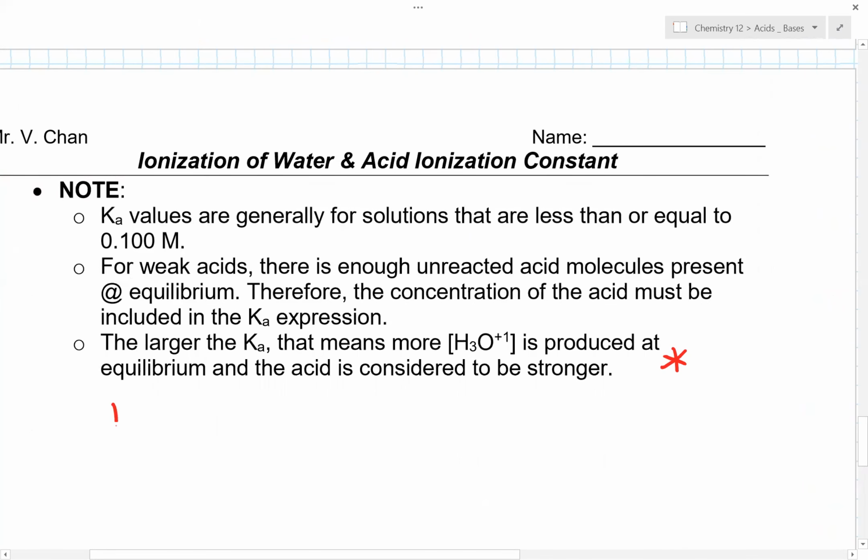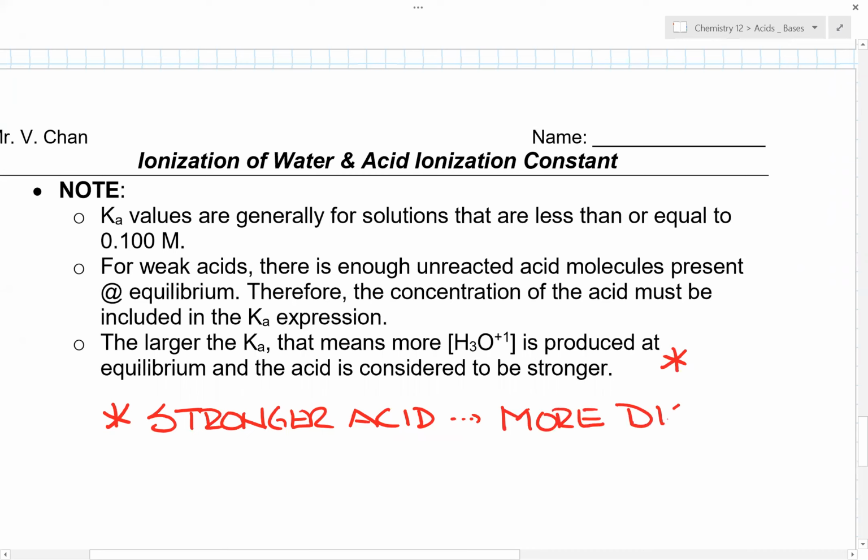Because remember, you could think of it this way. Stronger acid, what does that mean? It means more dissociation. The more the dissociation, what that means is more ions.